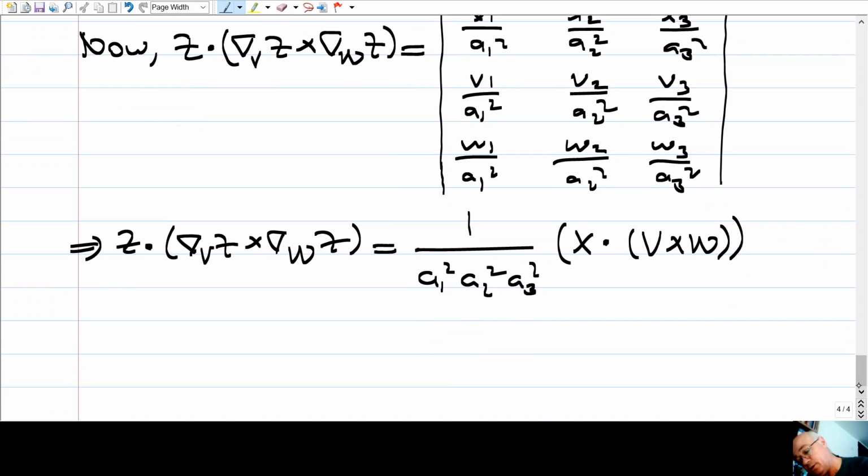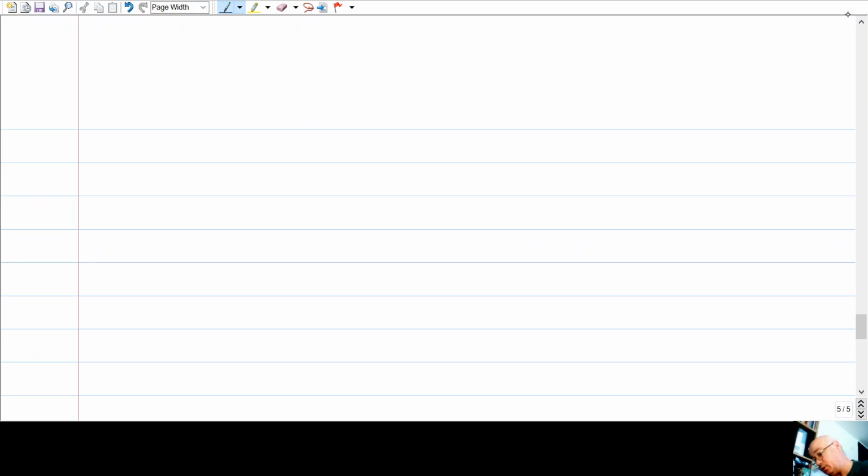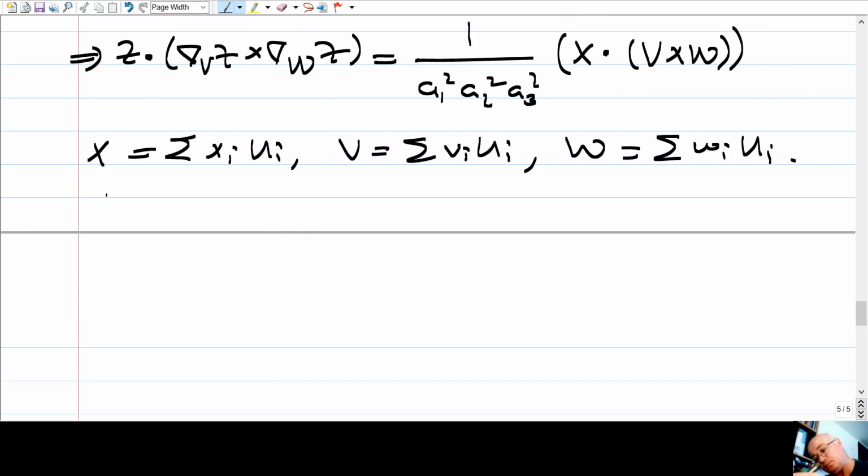Here x is just the vector xi ui, v is the vector vi ui, and w is the vector wi ui. Okay, and if you compute this, moreover, this computation is just this is just by the choice, this is just z, x times z.